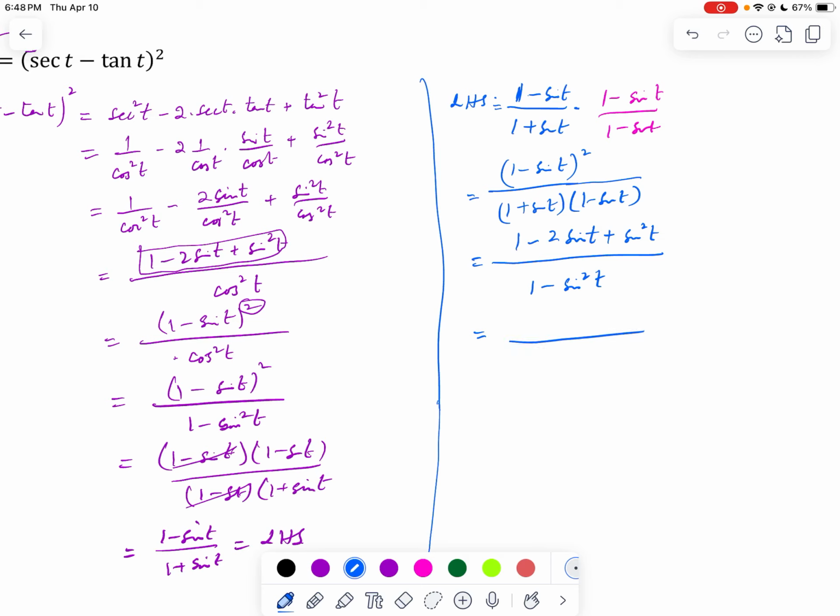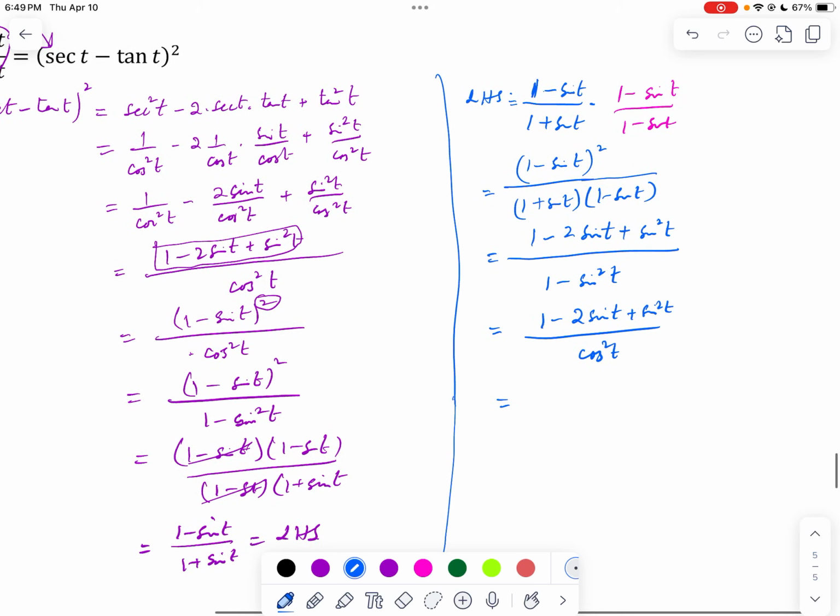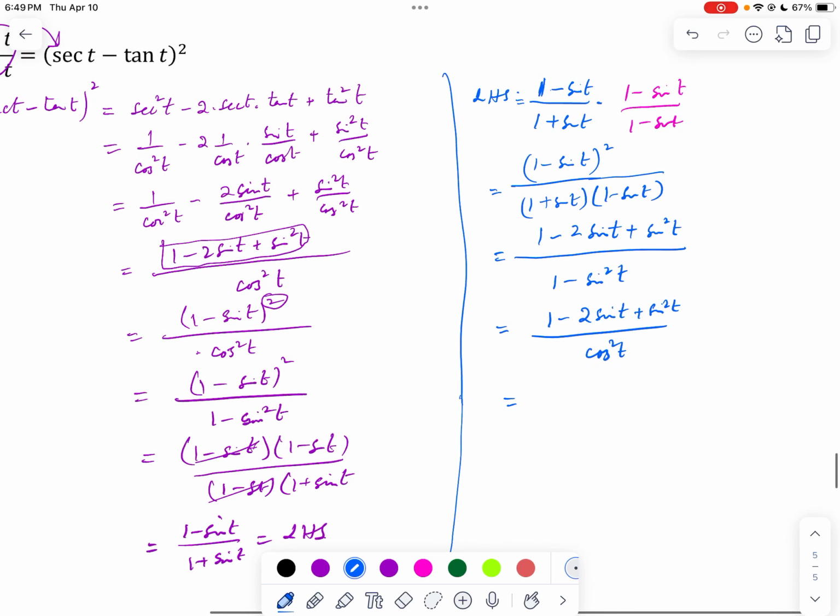By now you should know it is cosine square t. In the numerator I have 1 minus 2 sine t plus sine square t, and at the bottom we have cosine square t. Now what comes to mind? Remember, we have to show that it is equal to secant of t minus tangent of t whole square.